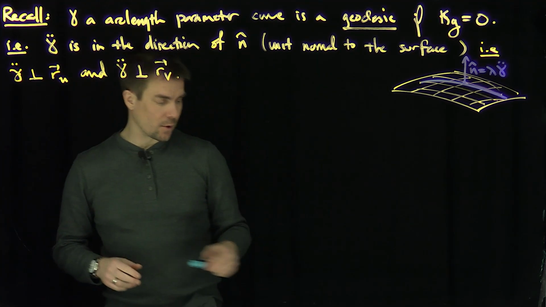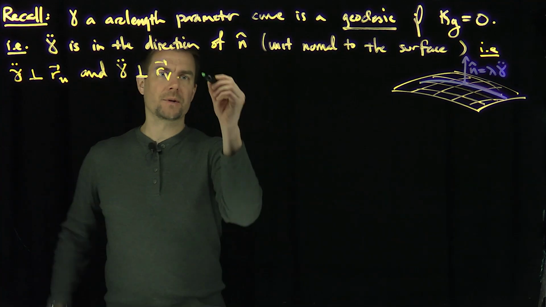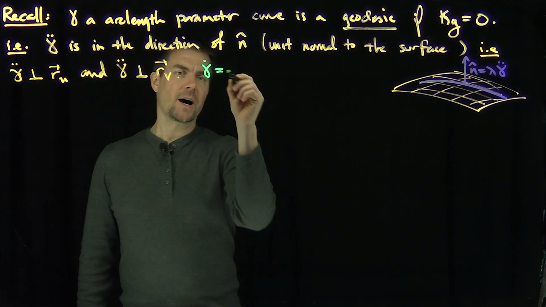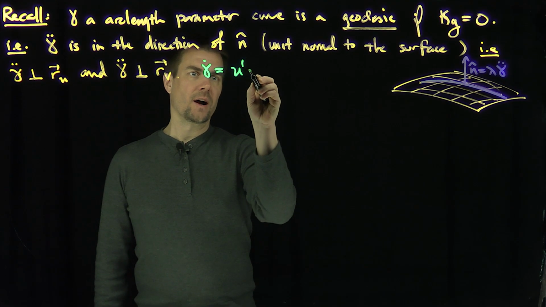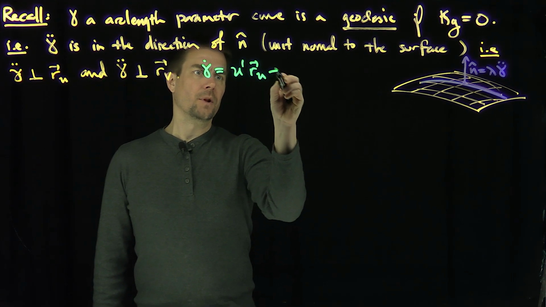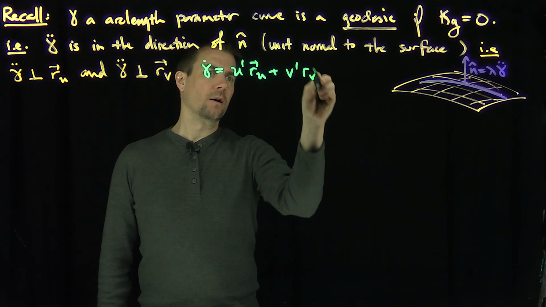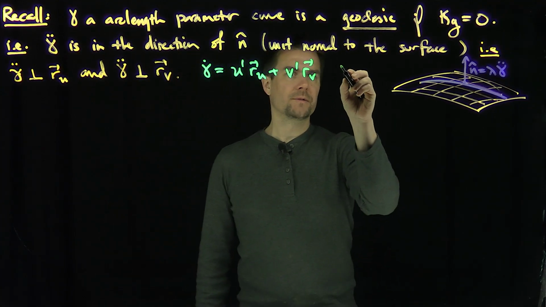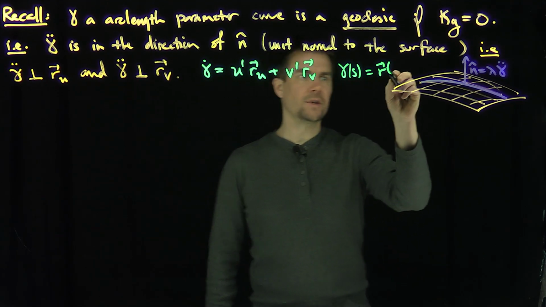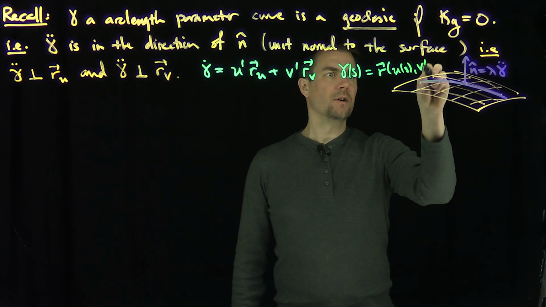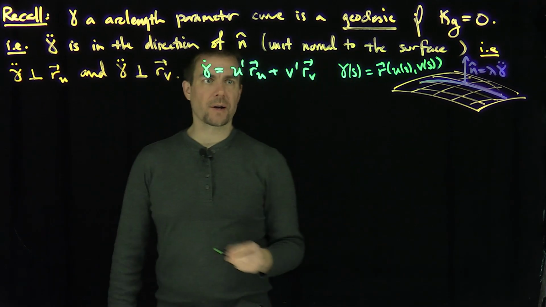So what's gamma double dot? We know that gamma dot, I'm suppressing the vector notation, is just going to be u prime ru plus v prime rv, right? Where gamma of t, or gamma of s, of course, is just going to be r of u of s, v of s, and then the primes are with respect to s, okay?